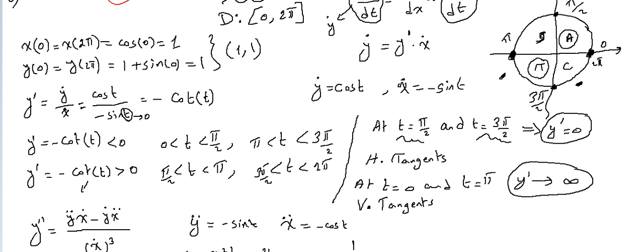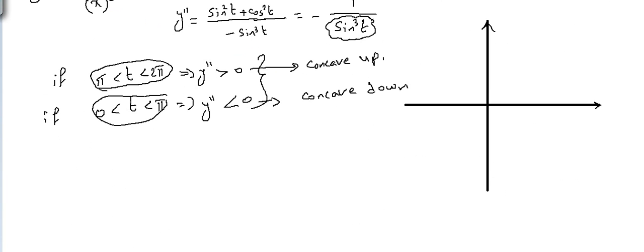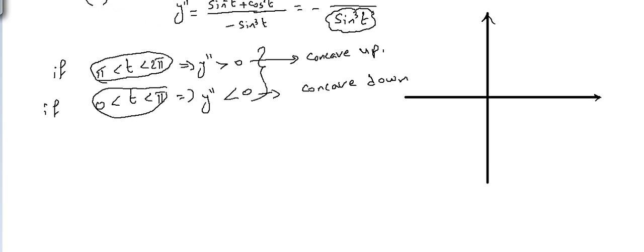When t is 0, what do we have first? We have the point (1, 1), abscissa 1, ordinate 1. Let's say this is abscissa 1, and this is ordinate 1.